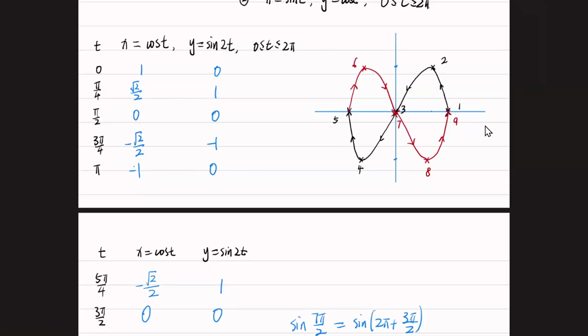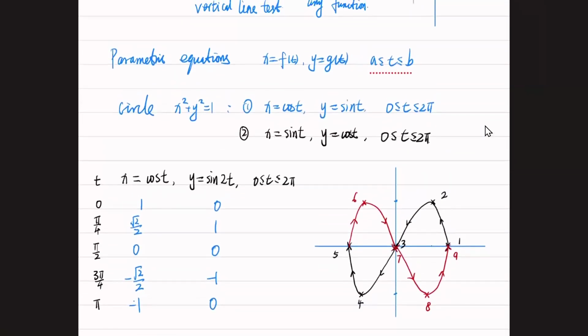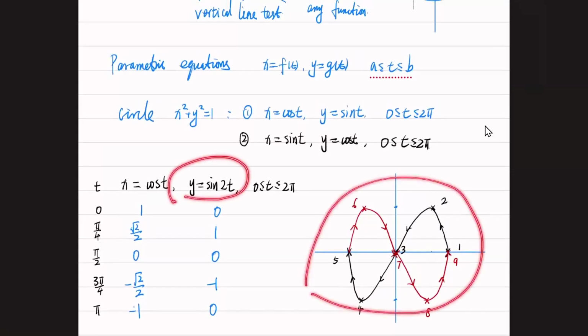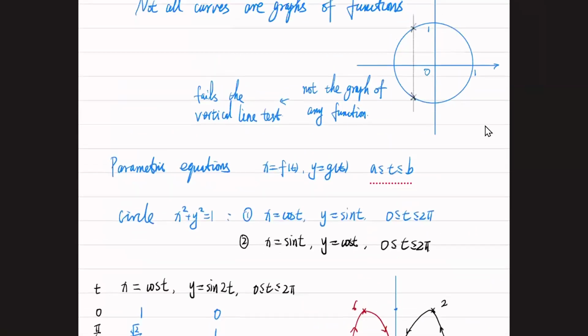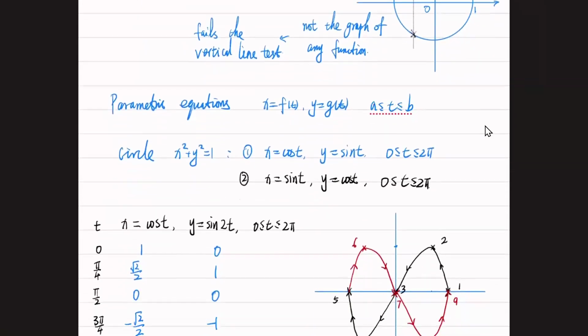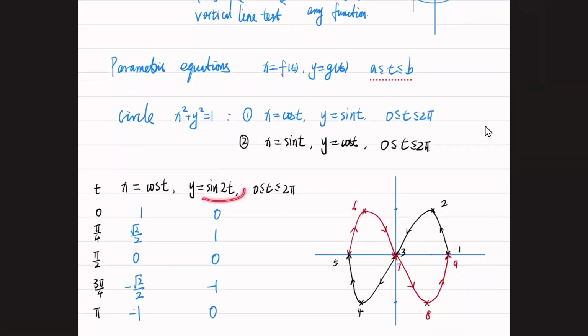Okay, you can see a small change of the formula. I changed from sine t to sine 2t. You see how the curve changes, completely different from the previous one. Now you can guess what happens if I change this to 3t. If I change this to cosine 2t, sine 3t, you have a variety of curves.